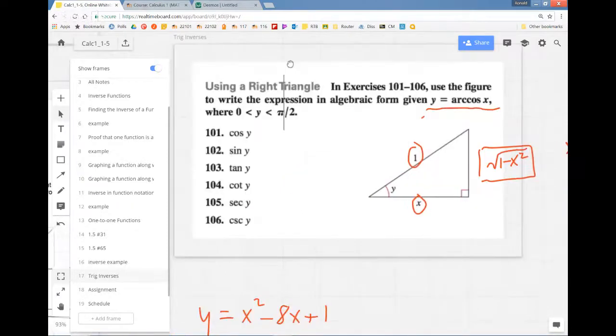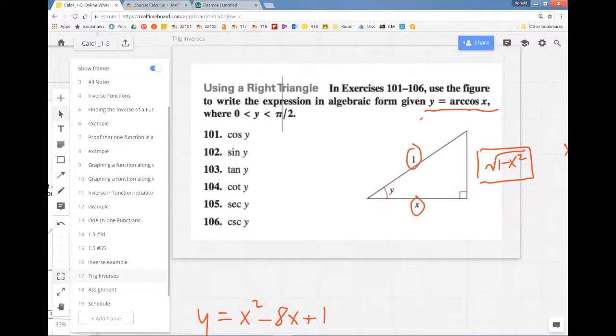They're saying, all right, what's the cosine of y? So now that I've got all three sides of the triangle, the cosine of y is what? Well, cosine of y is x. Leg adjacent over hypotenuse. What's the sine of y?